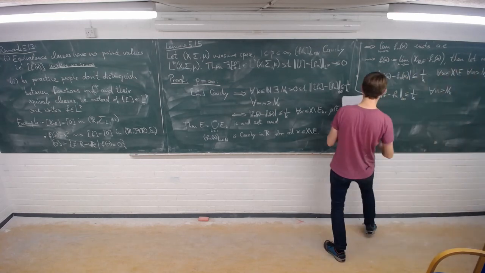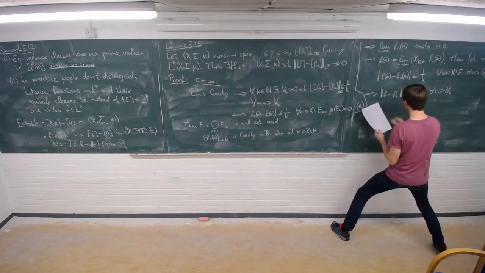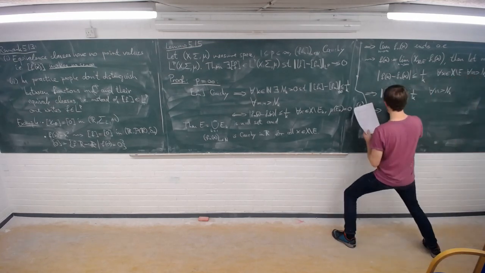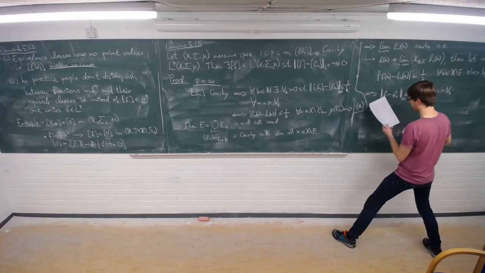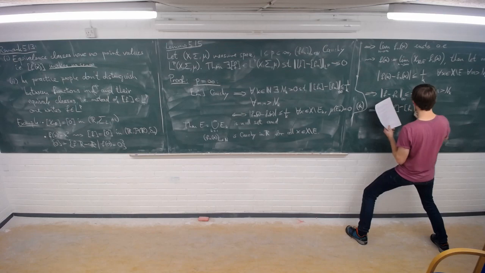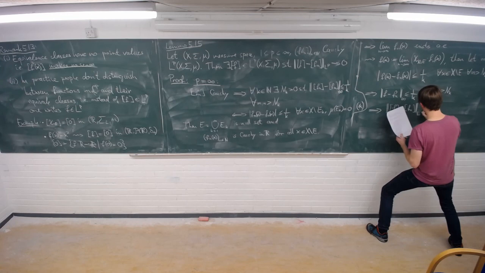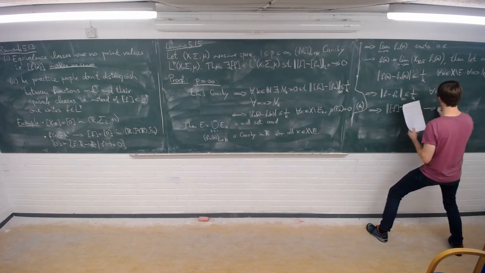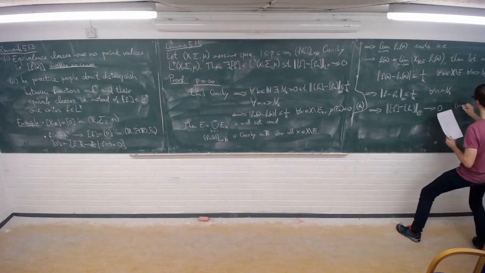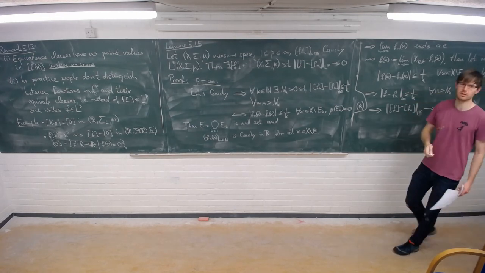So this implies that also the L infinity norm of the class of f minus the class of Fn goes to 0 as n goes to infinity. So this finishes the case p equal to infinity.